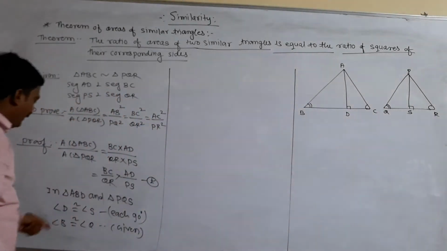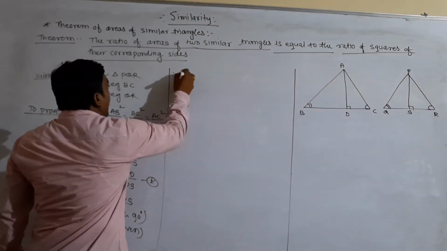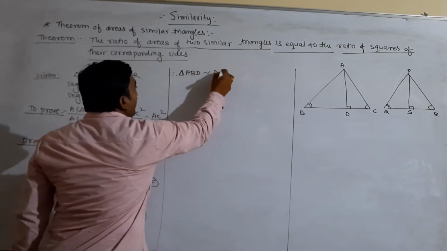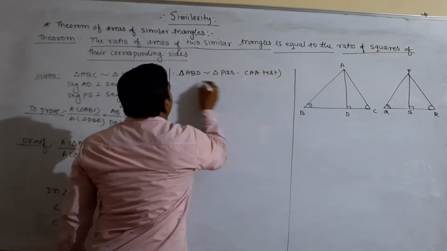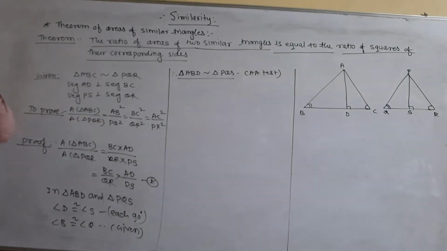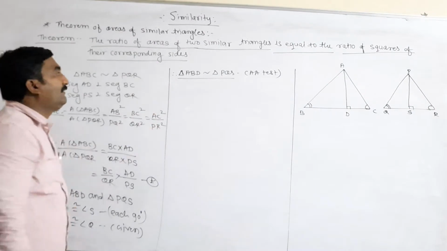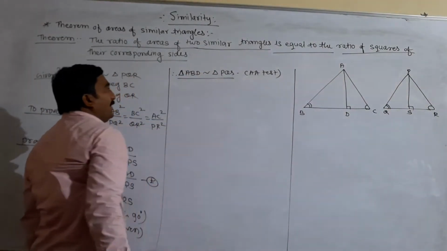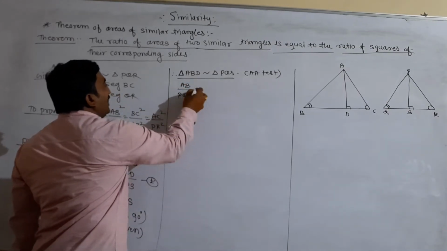So in this way we can say that triangle ABD is similar to triangle PQS by the AA test, since two angles are congruent. When two triangles are similar, their corresponding sides are in proportion.